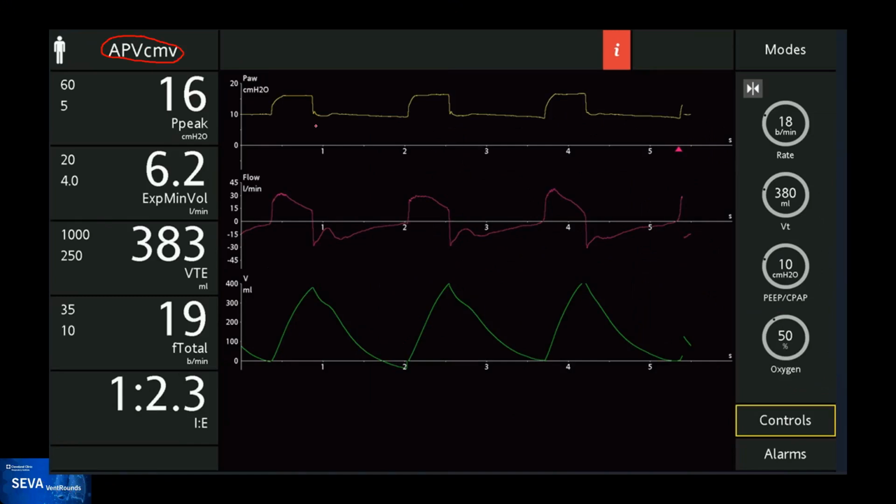So first of all, think about what the control variable is, right? And then whether these are all mandatory breaths or all spontaneous breaths or what's going on here. Something that we can observe is that we don't have the square or rectangular waveform that was preset on a volume control mode.